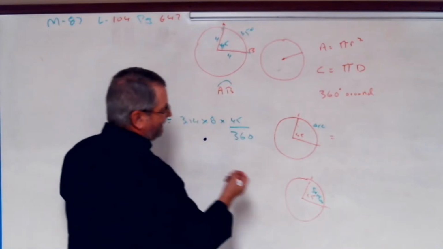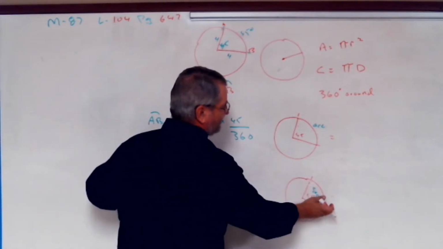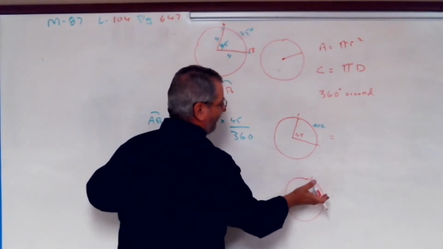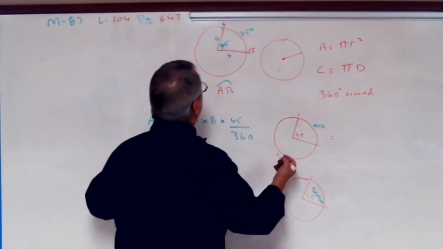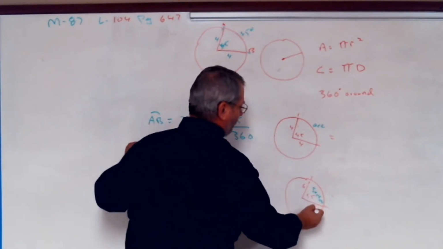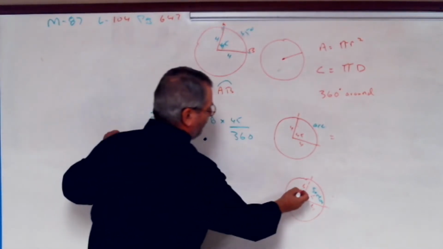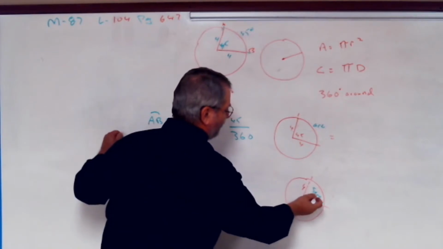So now I want the area of this piece here. I've just taken this piece out like a piece of the pizza here. I want the area of this. So I find the area of the entire circle. I'm going to use the same circle, all right? And to find the area of the circle, the radius is 4. The degree measure here is 45. I want the area of this sector of the circle.